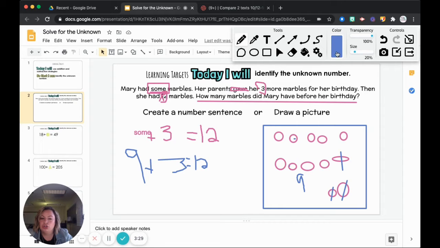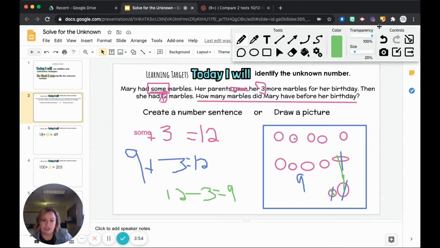I took away those 3 marbles from her parents. I crossed them off, took them away. When I say take away, I mean subtract. She had 12 marbles, right? And I took those 3 away. I was left with 9 because 12 minus 3 is a 9.